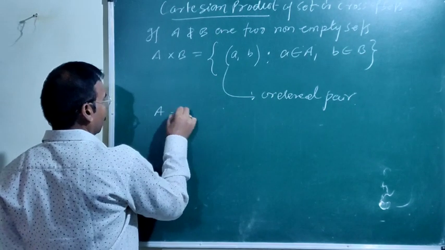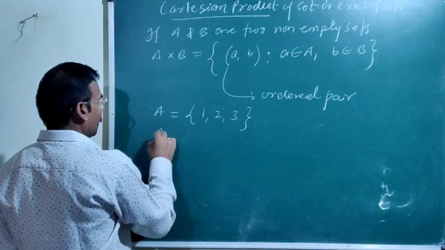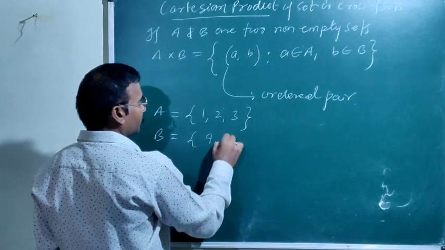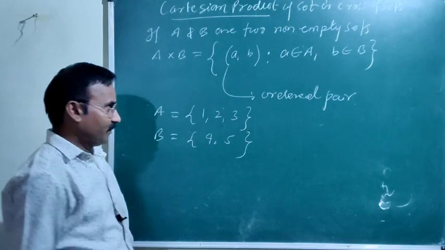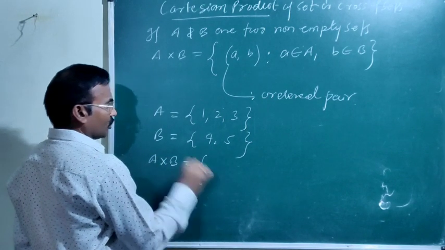For example, A has 1, 2, 3 and B has 4, 5. What is A cross B?